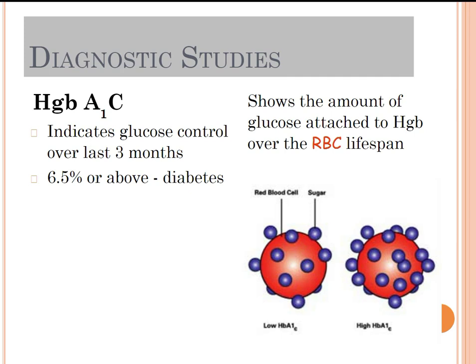The hemoglobin A1C, which is another kind of blood test, is unique in that it allows us to see what the person's average blood glucose level has been over the last 3 months. This test shows the amount of glucose attached to a red blood cell during the cell's lifespan. A level of 6.5% or above indicates diabetes, so notice that hemoglobin A1C results are given in percentages.